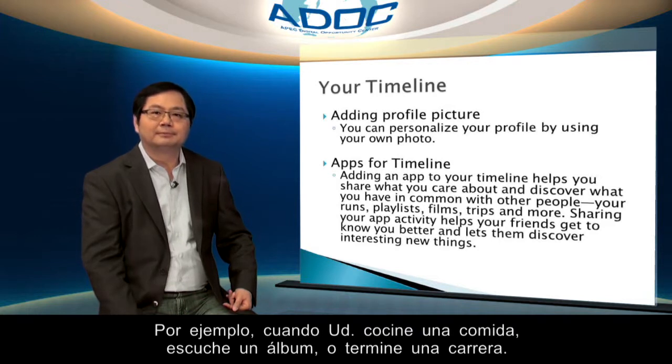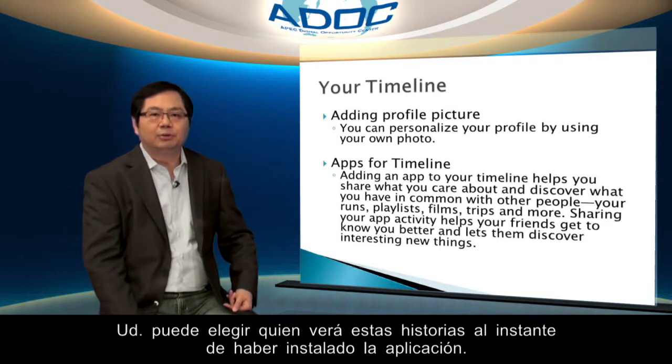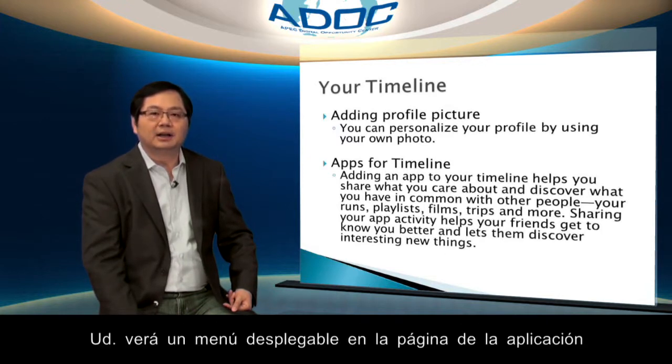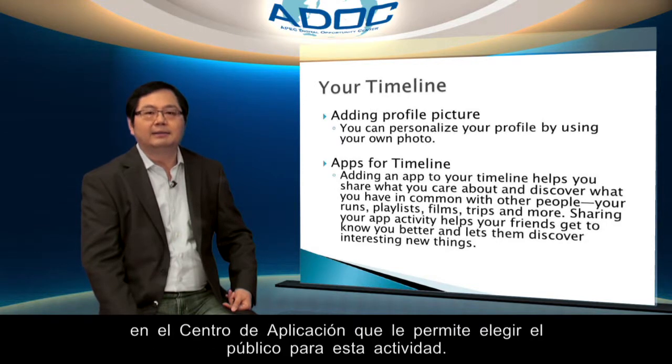For example, when you cook a meal, listen to an album, or finish a run, you can choose who will see these stories right when you install the app. You will see a drop-down menu on the app's page in the App Center that lets you pick an audience for this activity.